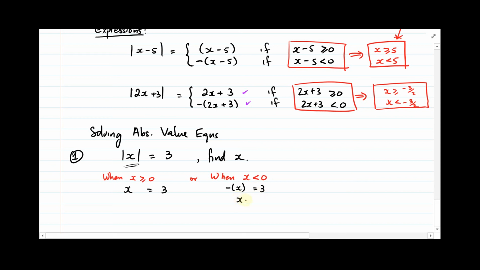Solving for x, I end up with x equal to negative 3. So this is giving me 2 proposed solutions. My solutions are x is equal to 3 or negative 3.